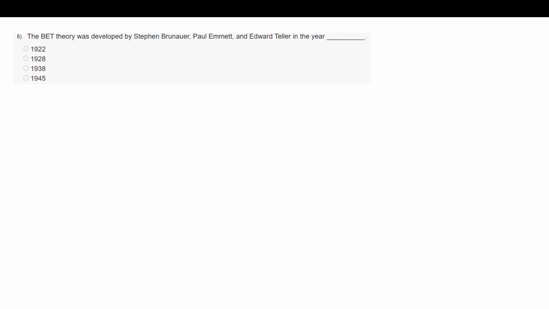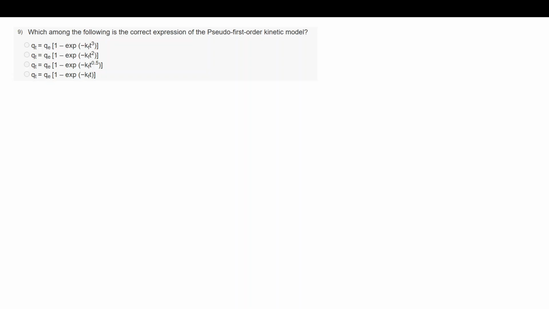The BET theory was developed by this scientist in the year dash. So it's 1938. I am not sure if you will get these types of questions where you have to remember so much during the exam, but yeah. Which among the following is the correct expression for the pseudo first order kinetic model?